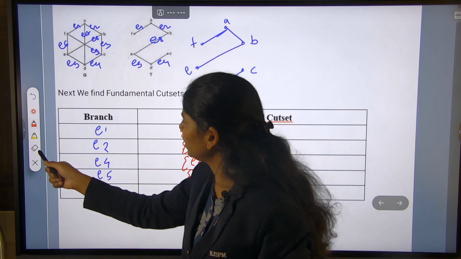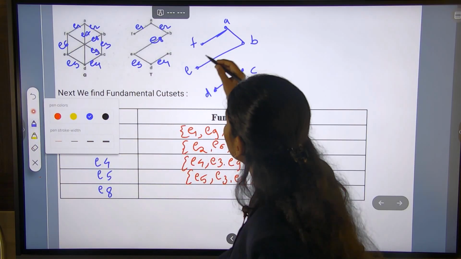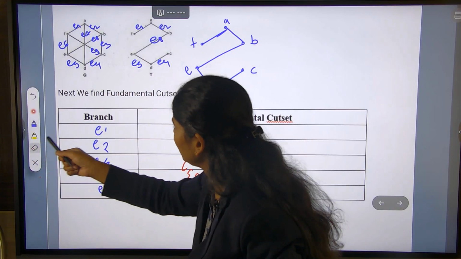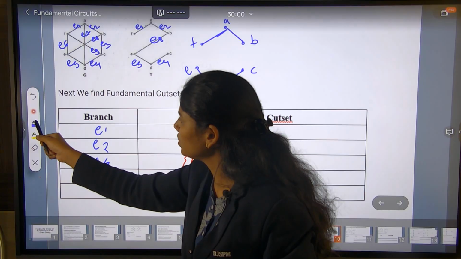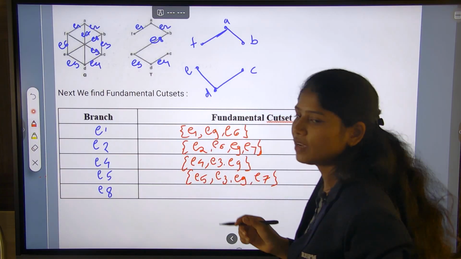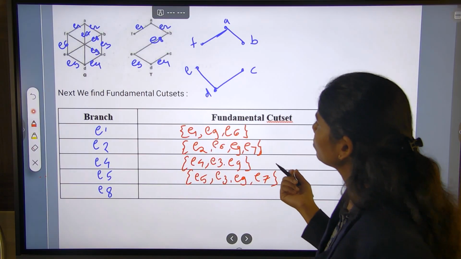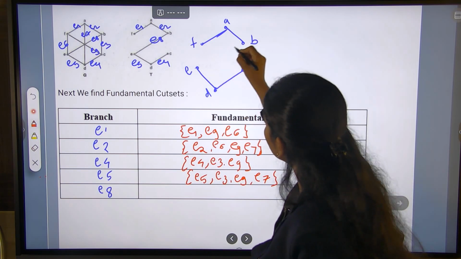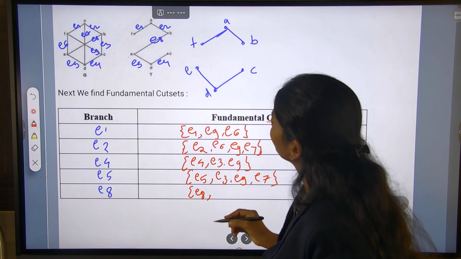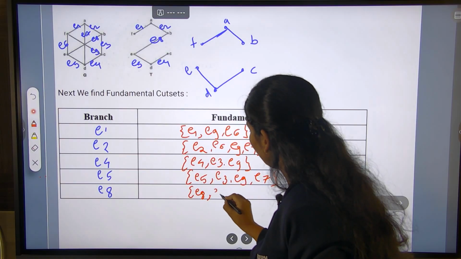Next check for E8. This is E8, therefore remove that edge E8. We get the 2 disconnected components. So again check which chords will join the 2 disconnected components. First one E8 itself, so write down E8. Then if we join E9 we get the connected one, therefore write down E9.